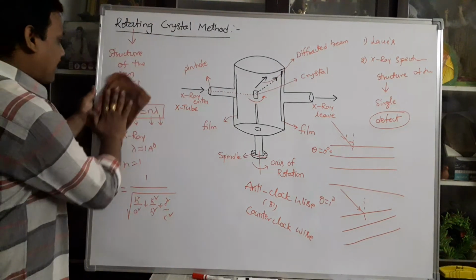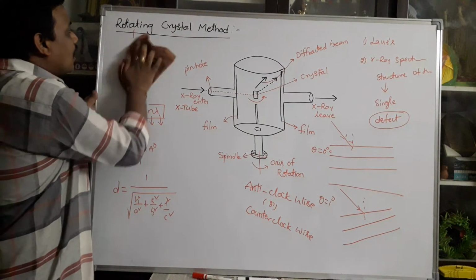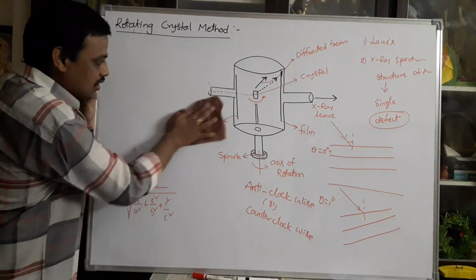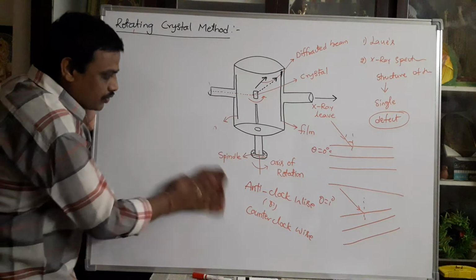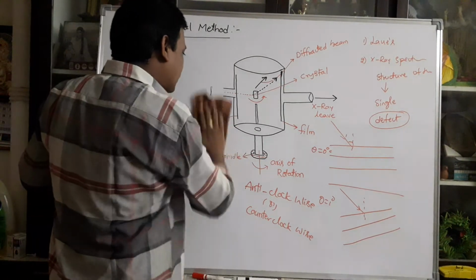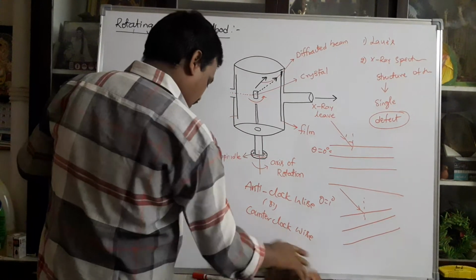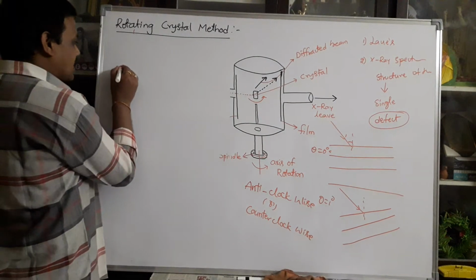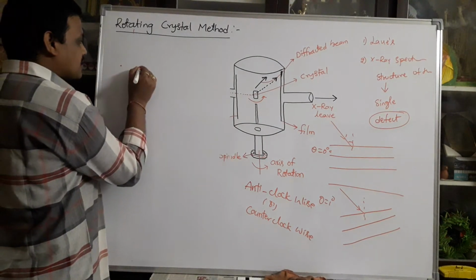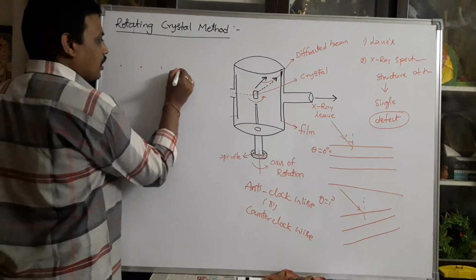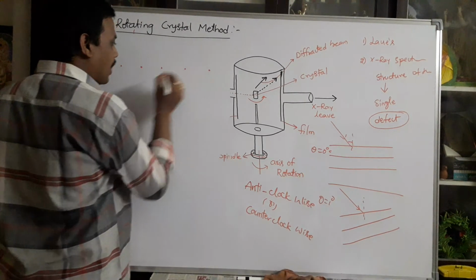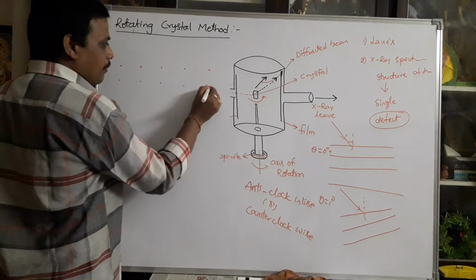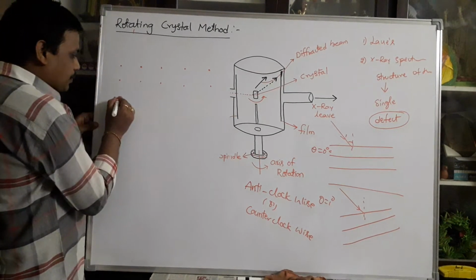This method is applicable. The diffracted beam of X-rays is observed on the photographic plate like this. I am drawing it one by one. Suppose you have the lattice planes. A lattice plane is nothing but a line or plane passing through lattice points.